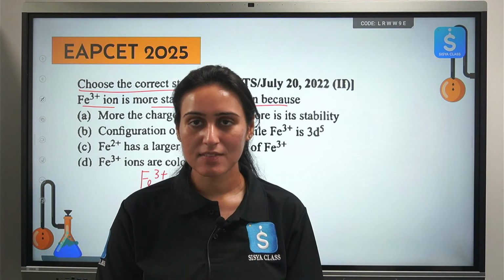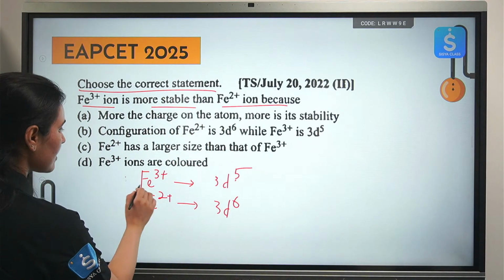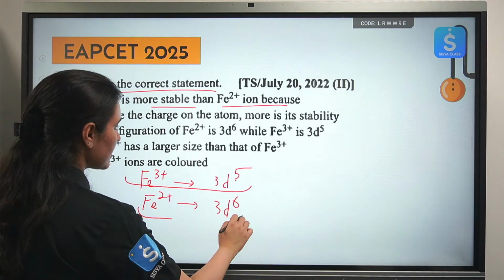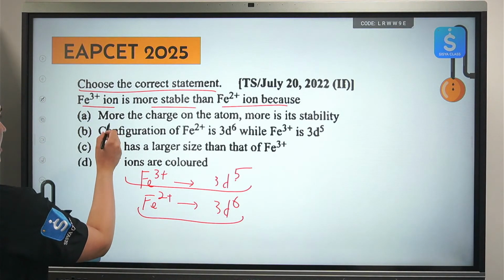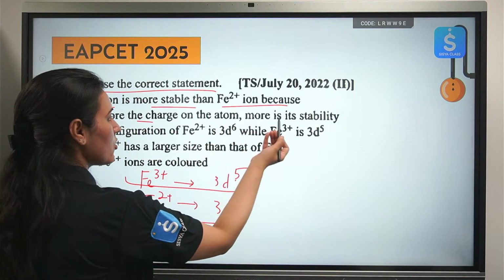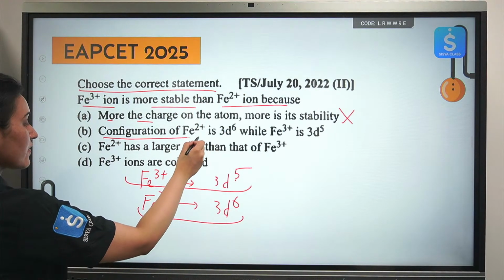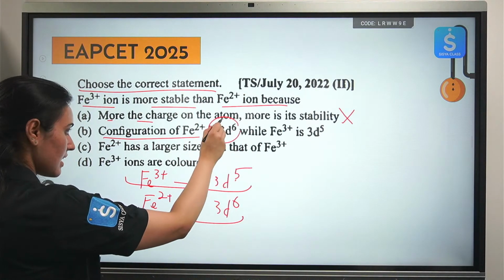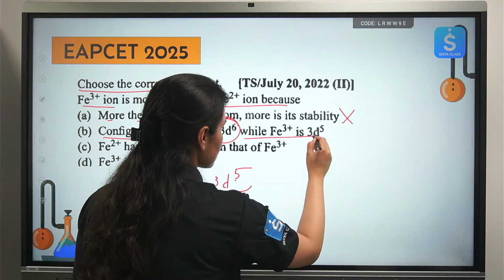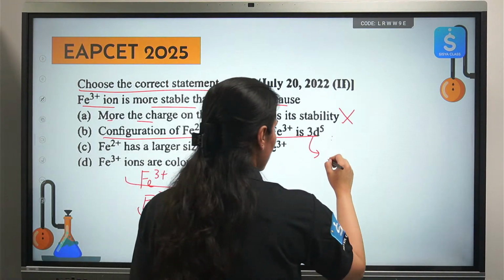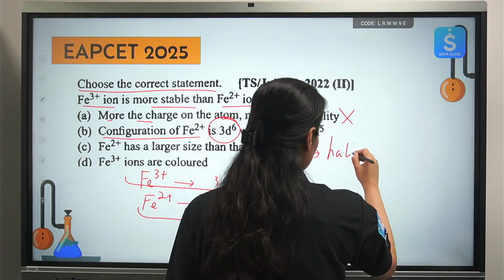So that is the reason why we can say Fe3+ is much more stable than Fe2+. See the options now. More the charge on the atom, more is the stability. No, this is wrong. Configuration of Fe2+ is 3d6, great, and while Fe3+ is 3d5, half filled configuration, extra stability.